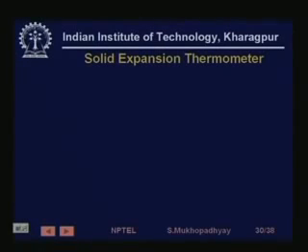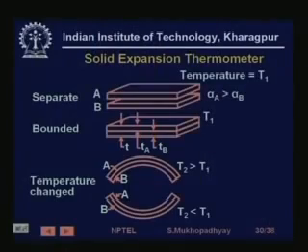So these are based on the expansion of solid, liquid, gas under temperature principle. So the liquid expansion thermometer is the most common. So we told that first. Then you have solid expansion thermometers, which are basically bimetallic strips. This depends on the fact that the expansion coefficients of the two solids are actually different. So therefore, at one temperature they have no stress among them and they are bonded together.